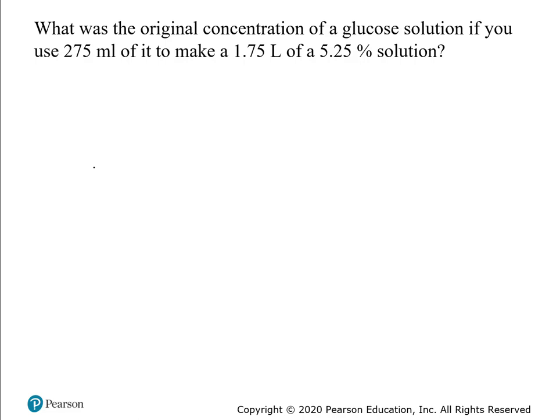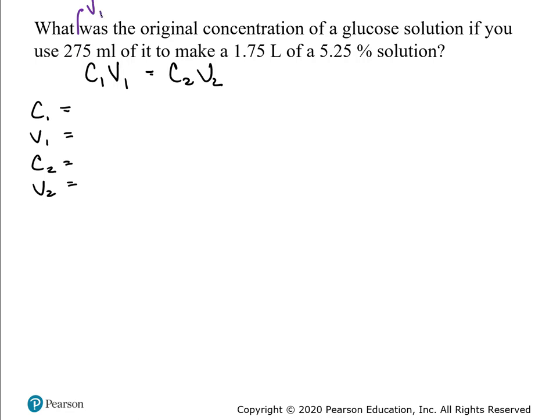So what was the original concentration of a glucose solution if you use 275 mils of this to make a 1.75 liter of a 5.25% solution? So you've got to figure out, what do I know and what's the unknown? So V1.